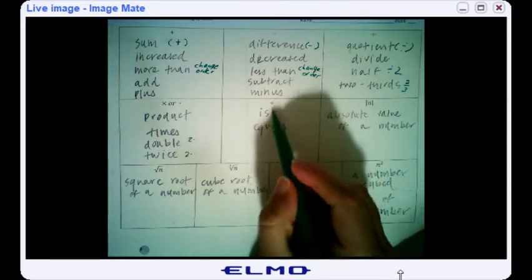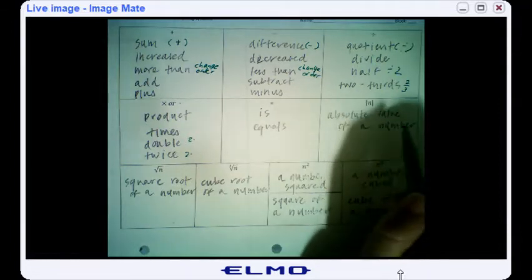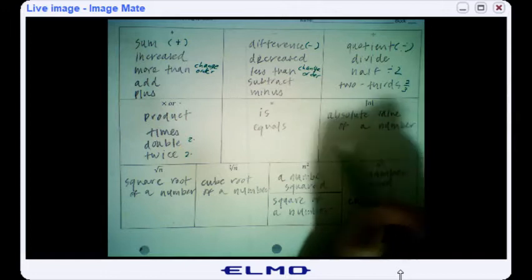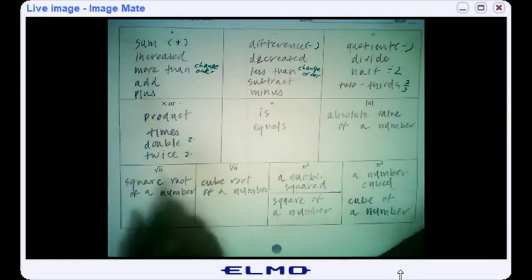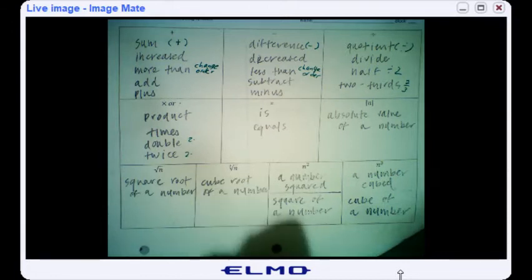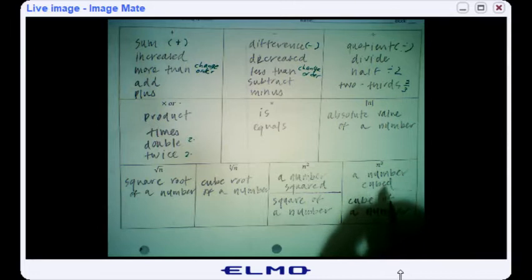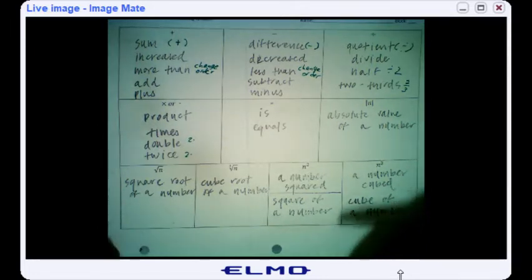Our equal sign is an equals. When we see our absolute value bar, we usually say absolute value of, and then whatever's inside. Square root of whatever, cube root of whatever, a number squared or the square of a number, and a number cubed or the cube of a number.